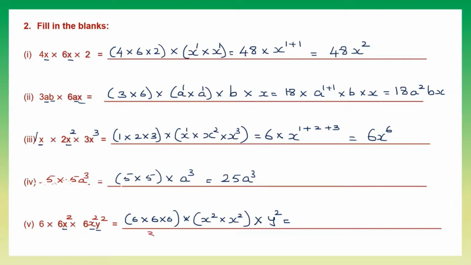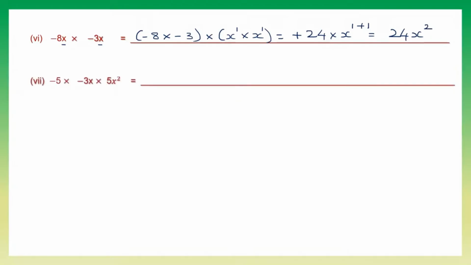So let's multiply that here. 36 into 6. 6 6s are 36, carry 3. 6 3s are 18, 19, 20, 21. So we get 216 when we multiply the numbers into x to the power of 2 plus 2 into y to the power of 2. So what does this give us? 216 x to the power of 4 and y square. So this is our answer here.